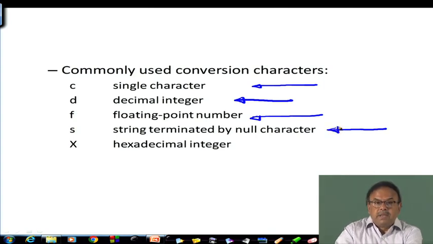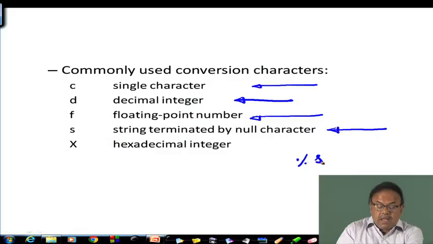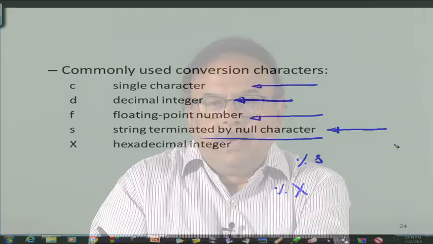Whenever I am reading a variable as a string, we have discussed that, we read that string using %s, and a string is always terminated by a null character. Similarly, %x denotes that the number that I am reading is a hexadecimal number.